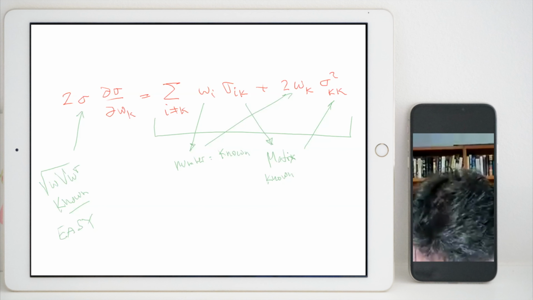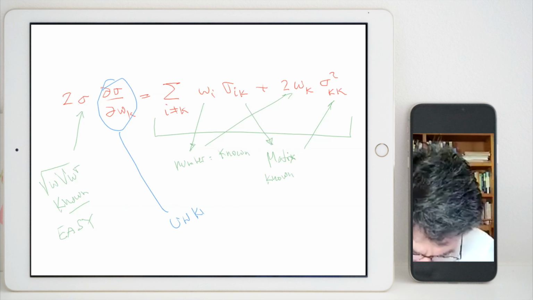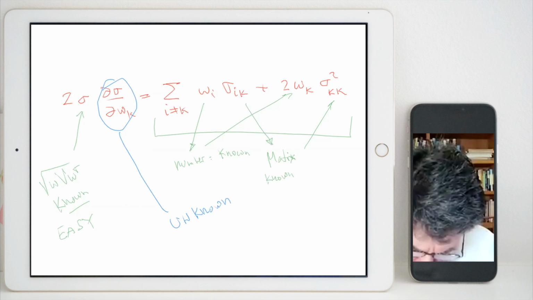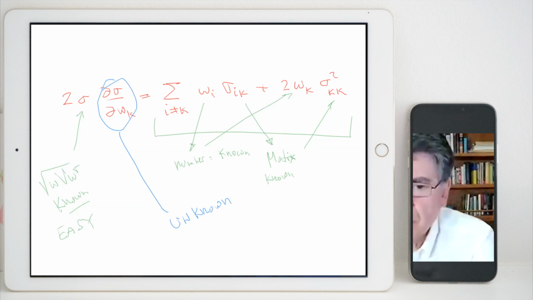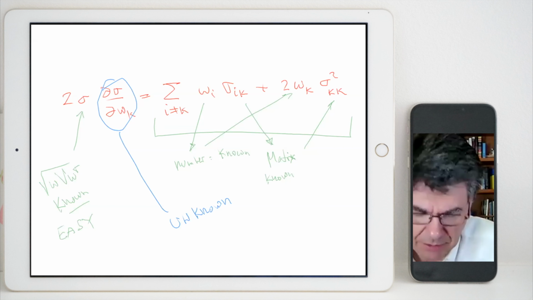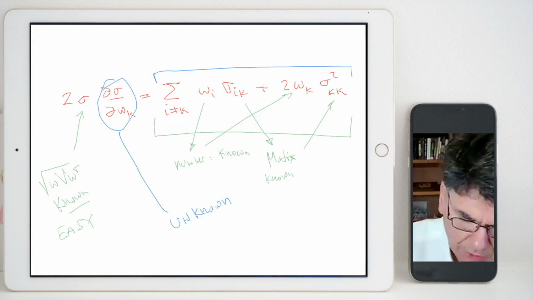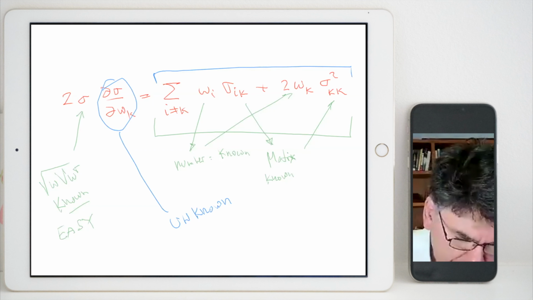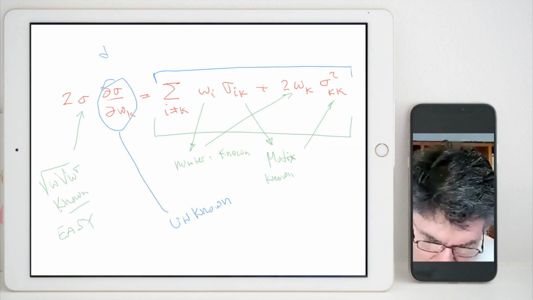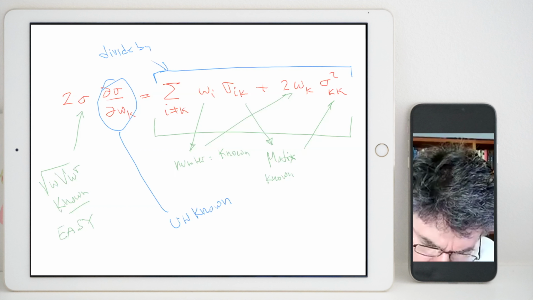How about that? That is unknown. That's the unknown part. But we know how to do that because everything else is known. You just need to calculate all of that and divide by that.